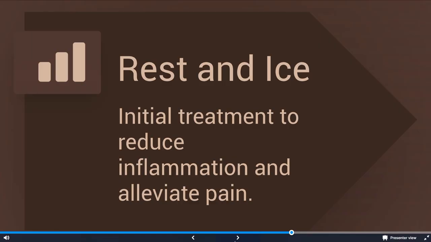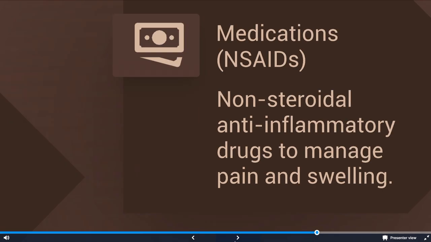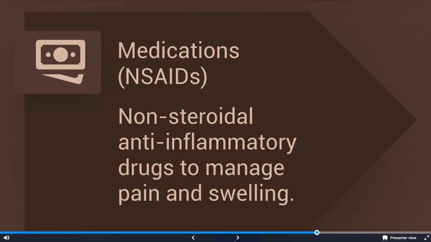I'm just telling you: rest and ice, initial treatment to reduce inflammation and alleviate pain. Physical therapy, rehabilitation exercises to restore strength and range of motion. This I'll explain further in depth. Medications, non-steroidal anti-inflammatory drugs to manage pain and swelling.